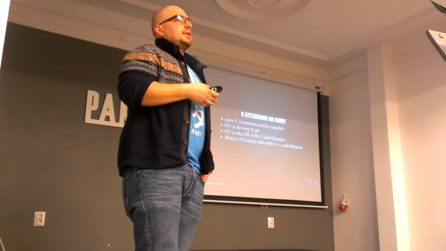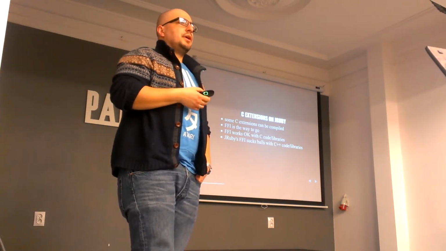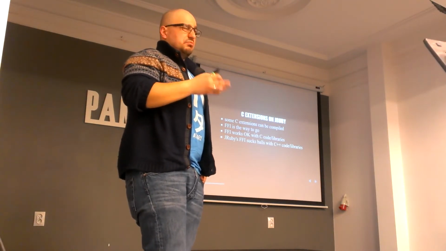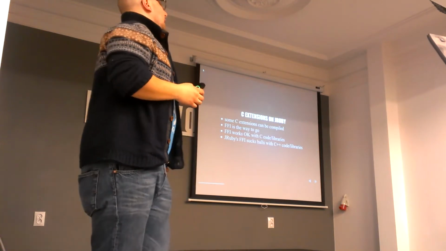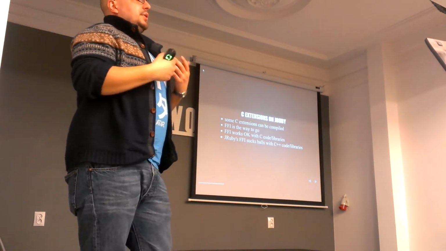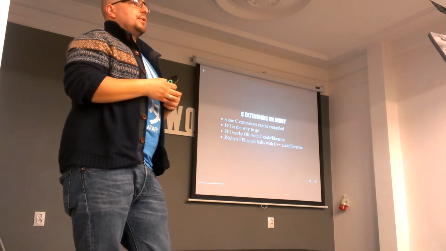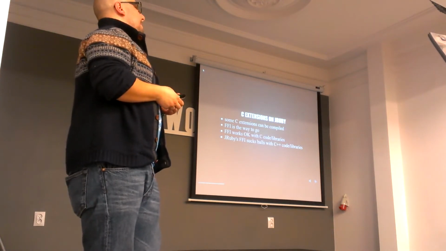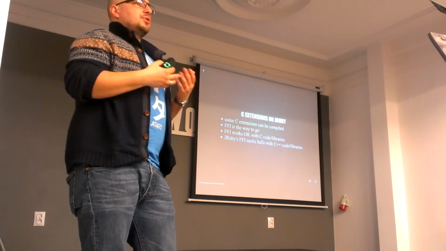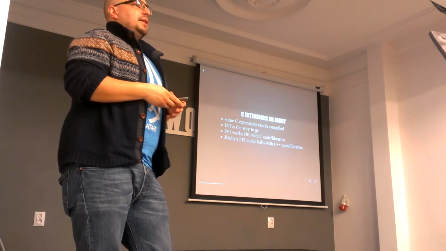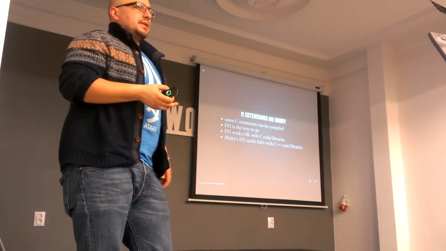Instead, you should be using FFI, which stands for Foreign Function Interface, which is basically a way to invoke C code from Ruby code. In my experience, it works great with C code, but it doesn't work very well with C++.